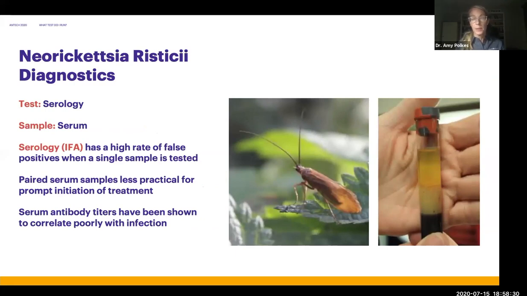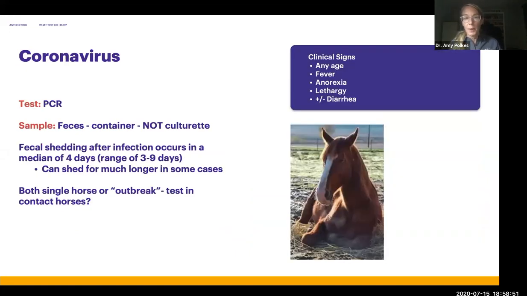Back to the same thing with the EHV, serum antibody titers correlate very poorly with active infections. So you can't just look at the titer and say, yeah, this horse probably has it or not. You've got to have a rising titer, et cetera. And it's just not practical when you have a sick horse. So we definitely recommend PCR.